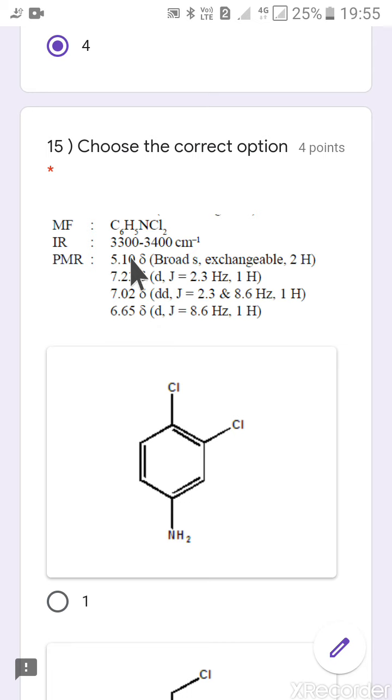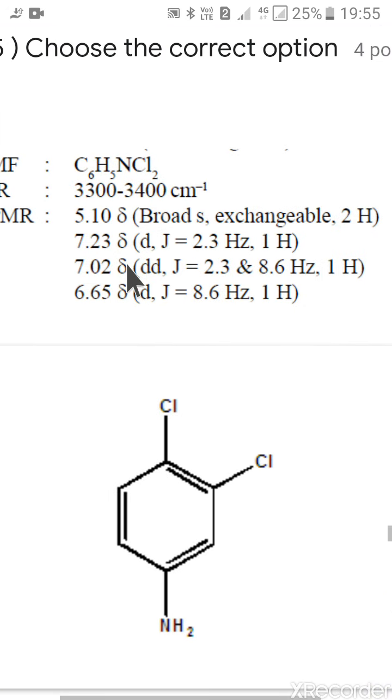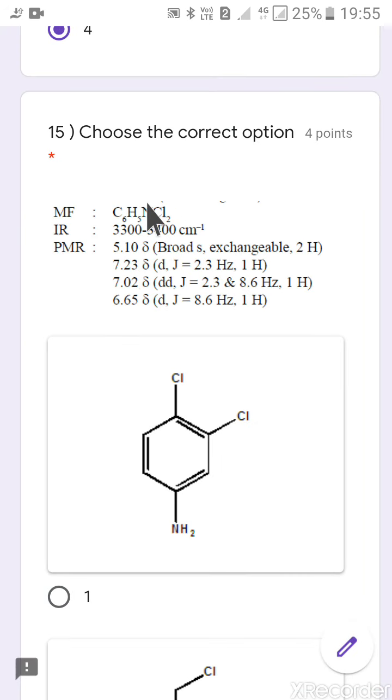Choose the correct option. The formula is C6H5NCl2. We have chlorines and nitrogen, so there is a chance of a nitrogen-containing functional group. The IR is showing around 3300, 3400, which is for OH or NH, but in the formula we have only nitrogen. That means NH2 is present in the molecule. 5.10 is a broad singlet, exchangeable, 2H, so we have NH2 in the molecule.